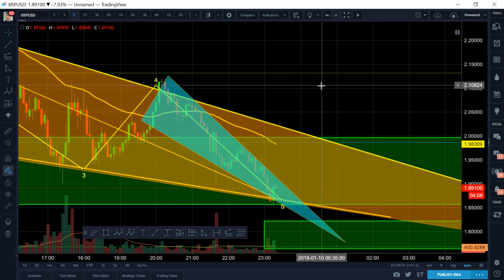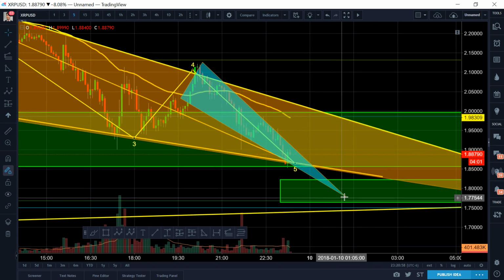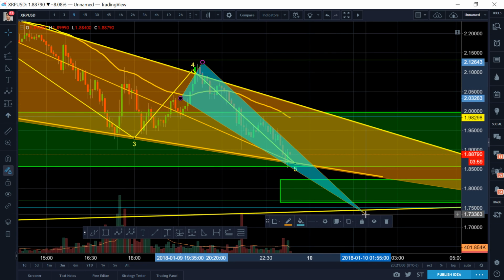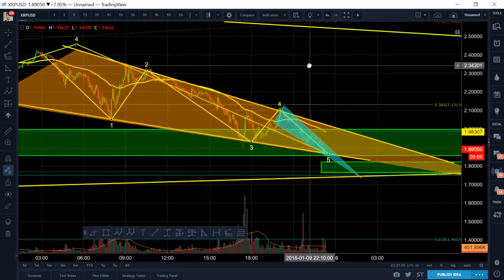So we're getting quite a bit of signs of it reversing soon. I mean, there's no denying that we're seeing a wedge inside of a wedge, right?